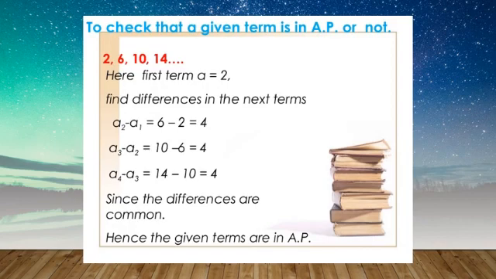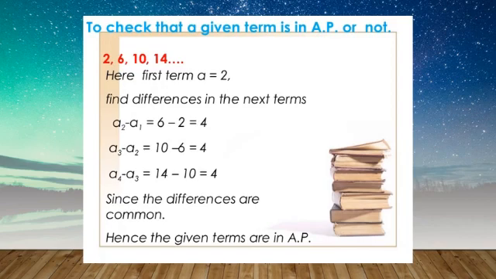For example, here we have the sequence 2, 6, 10, 14, and so on. So the first term is a, which is equal to 2. The second term is 6, third term is 10, and fourth term is 14. Now, subtracting the first term from the second term, that is a2 minus a1, we have 6 minus 2 equals 4.